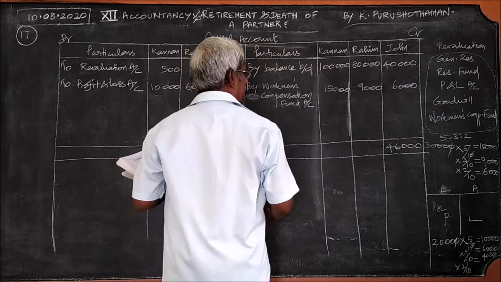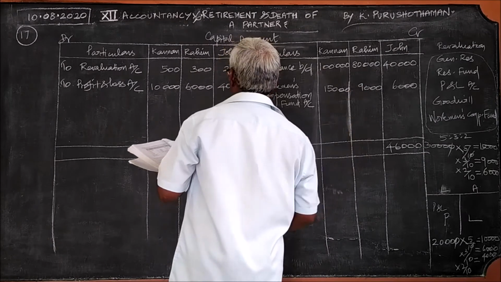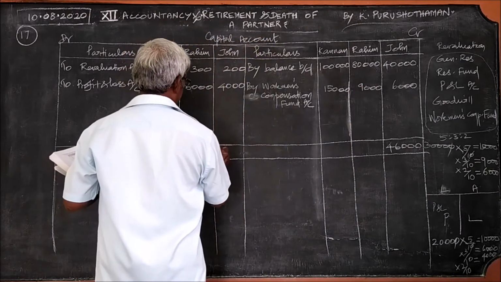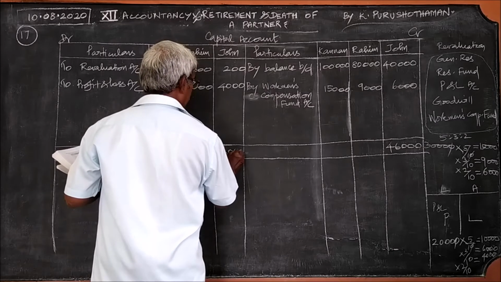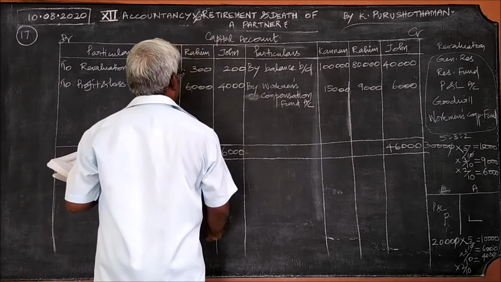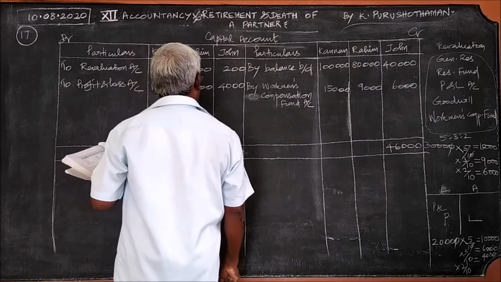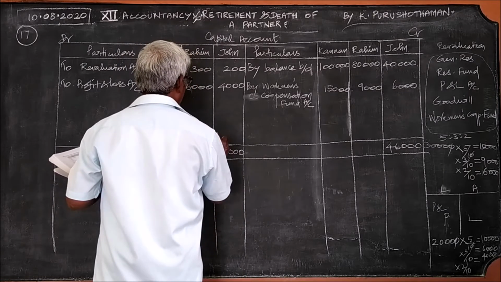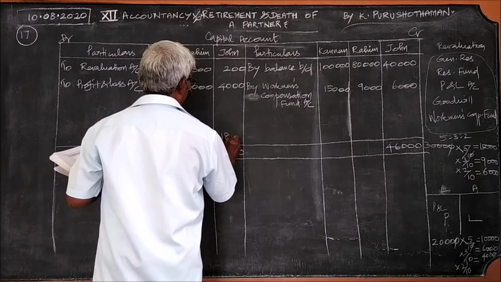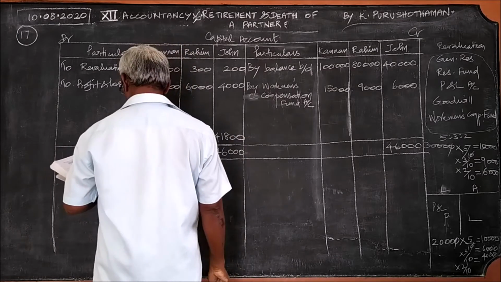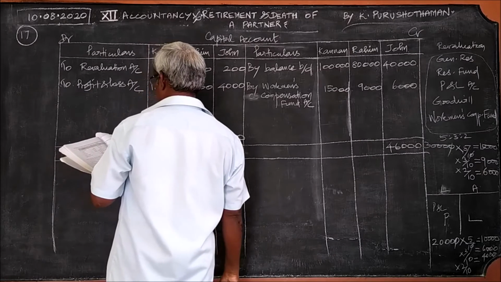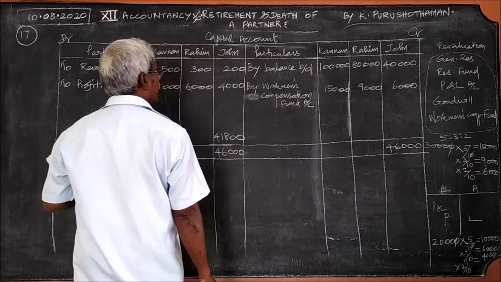Right now, what is the total of John? 46,000. Here John is 4,200, therefore you write the greater total. How much amount is appearing now? 41,800 is John's balance.